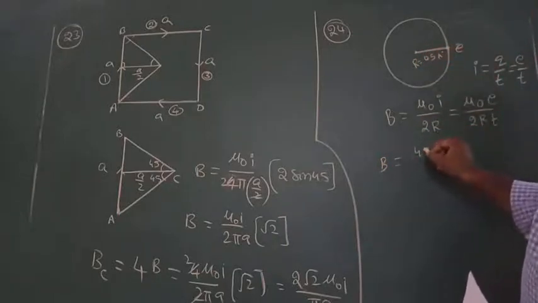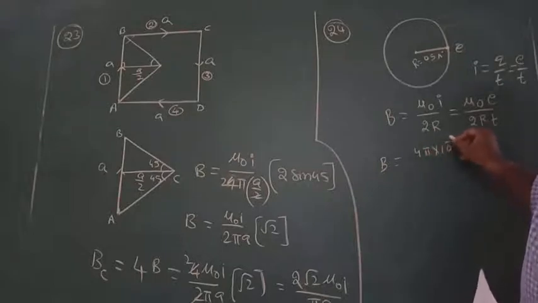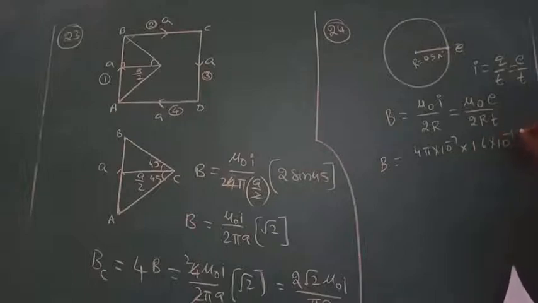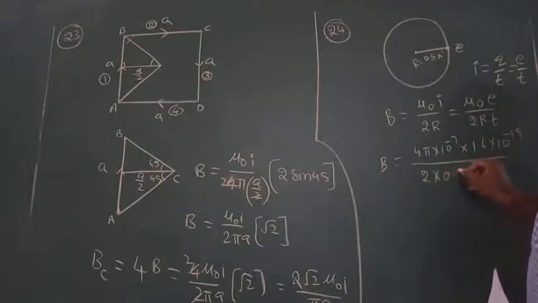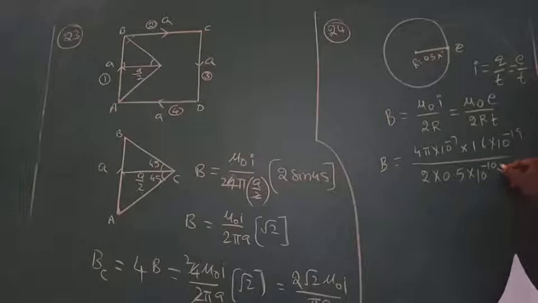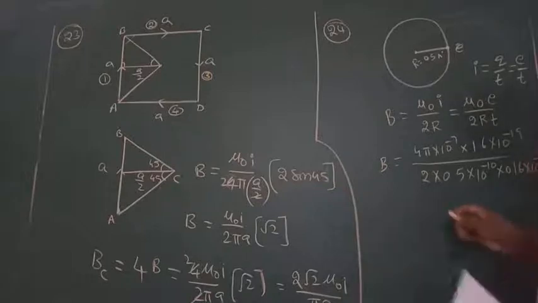Then mu naught is 4 pi into 10 power minus 7, and E is 1.6 into 10 power minus 19, divided by 2 into the radius 0.5 angstrom. 1 angstrom is 10 power minus 10 meters, into the time, 0.16 into 10 power minus 15 seconds.